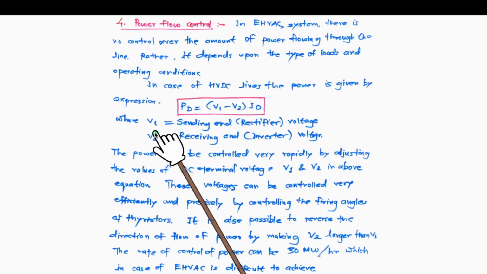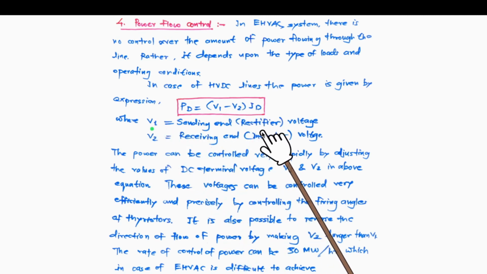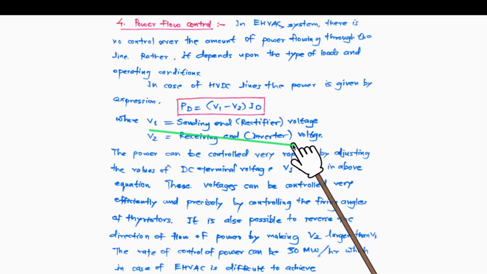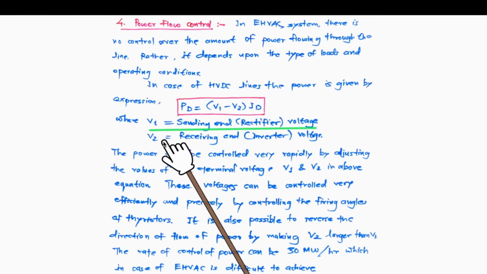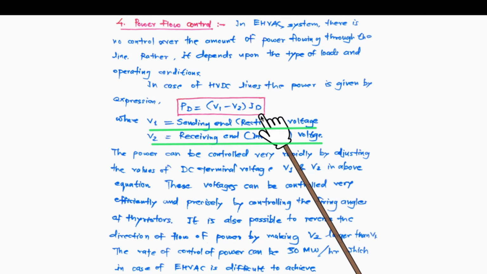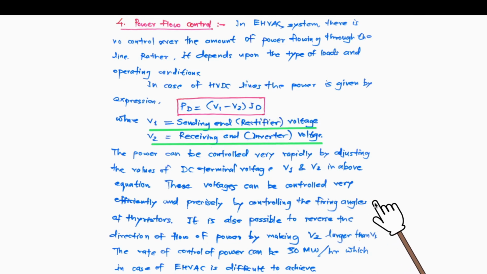V1 minus V2 is basically the rectifier end voltage minus the inverter end voltage, multiplied by ID. So a very simple DC power equation, and the most important thing is that the power can be controlled.